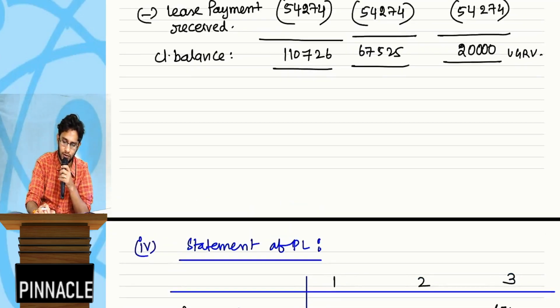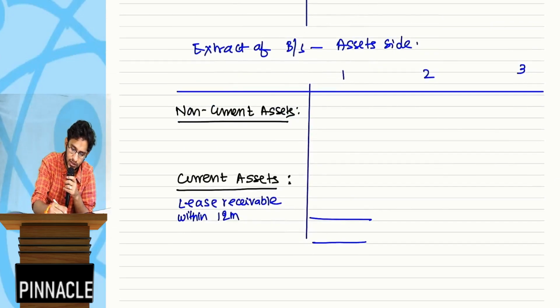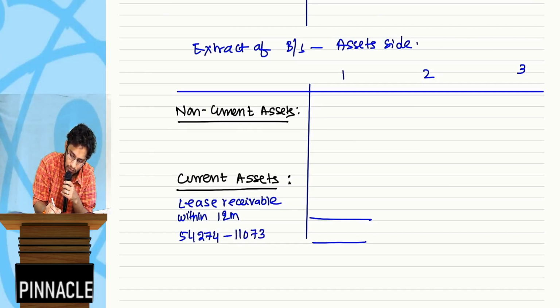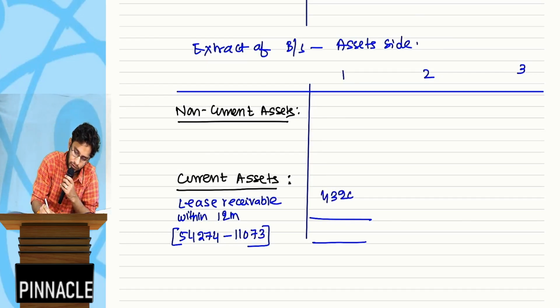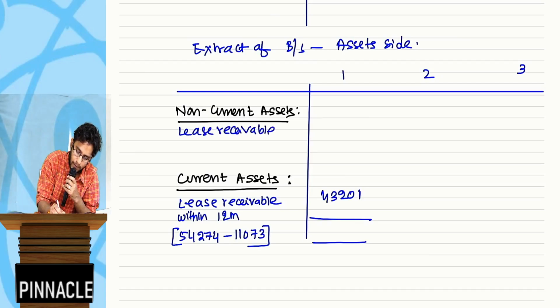So how do we get that? Tell me the calculation: 54,274 minus 11,073, which is 43,201. This is the current portion. Lease receivable beyond 12 months is the balancing figure.